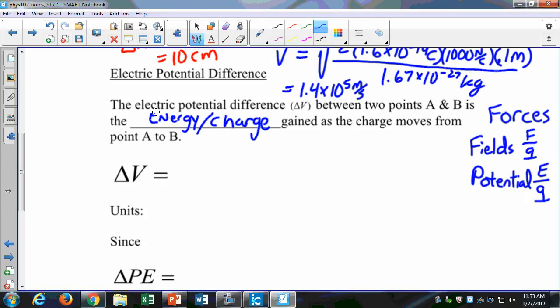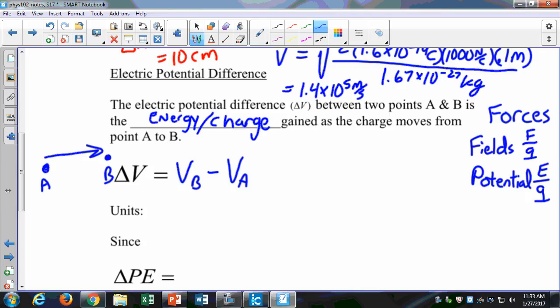All right, so delta V is the difference in the potential between two points, V_B minus V_A. We know this is point A, this is point B. The charge moves from point A to B, and so the potential difference is the difference in the potential here, which is the final spot, and this, which is the initial position.